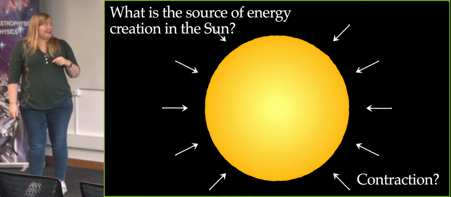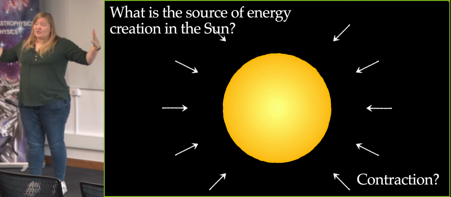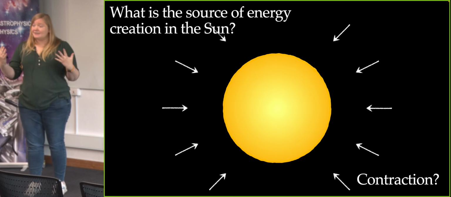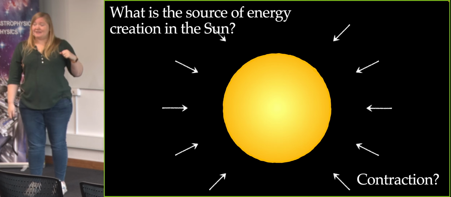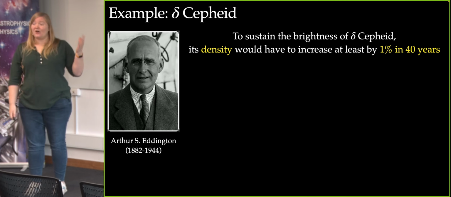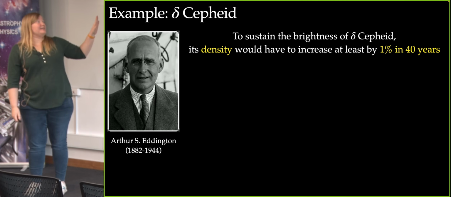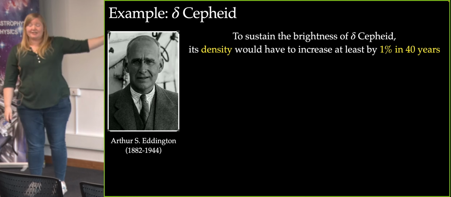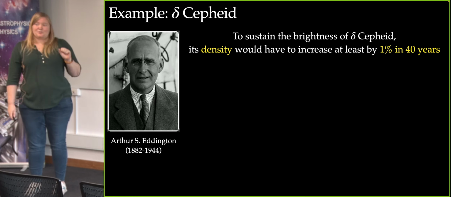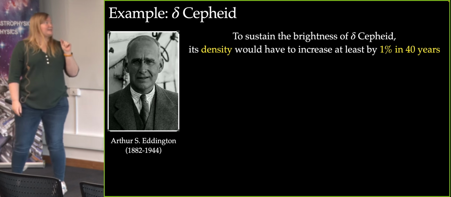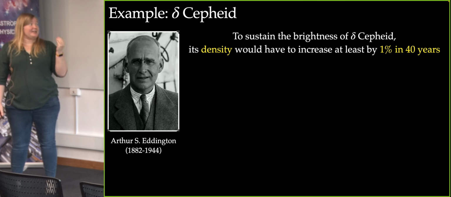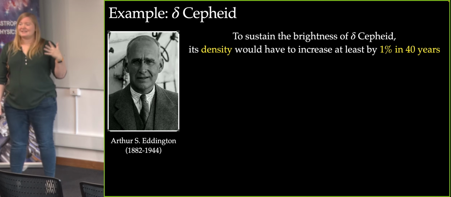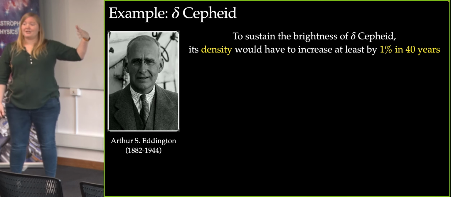The next theory is maybe the energy production is coming solely from contraction of these stars. And so what Eddington did in this case is to carry out a thought experiment using delta Cepheid as a case study, saying, okay, to be able to sustain the brightness of a delta Cepheid variable, its density would have to decrease by at least 1% over a 40-year period.